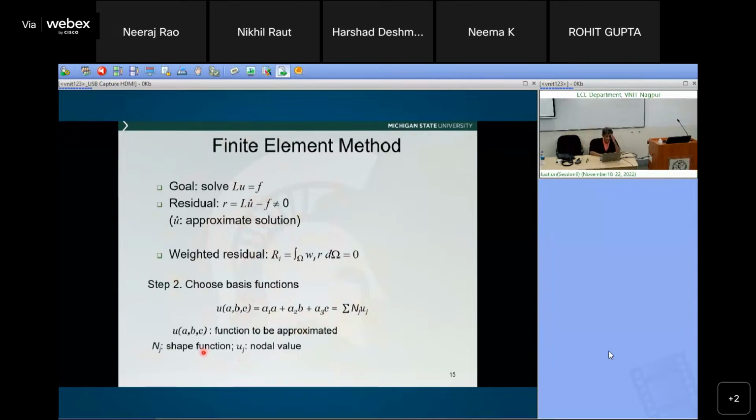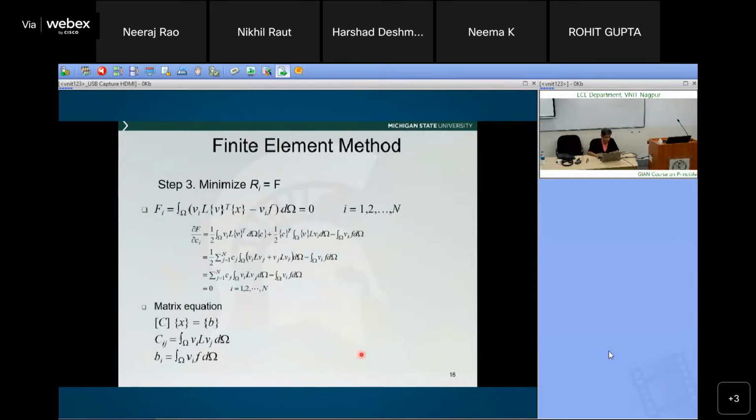And you can use a shape function in this manner. You can have either a nodal shape function or an edge shape function, so there are different types of finite element methods based on that. And when you minimize R and you use the shape function approximation within each element, you'll come up with an elemental matrix equation, which you assemble together to come up with a global matrix equation for the whole domain.